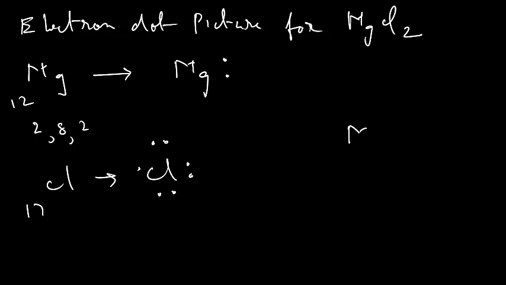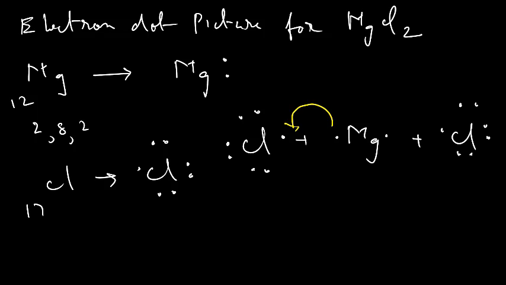Now, for Mg, these 2 electrons you can show on any side. 2 electrons are here plus Cl with 1, 2, 3, 4, 5, 6, 7 on this side, and 1, 2, 3, 4, 5, 6 and 7 on the other. Therefore, the transfer of electrons takes place in this manner, and of course this electron to this side.